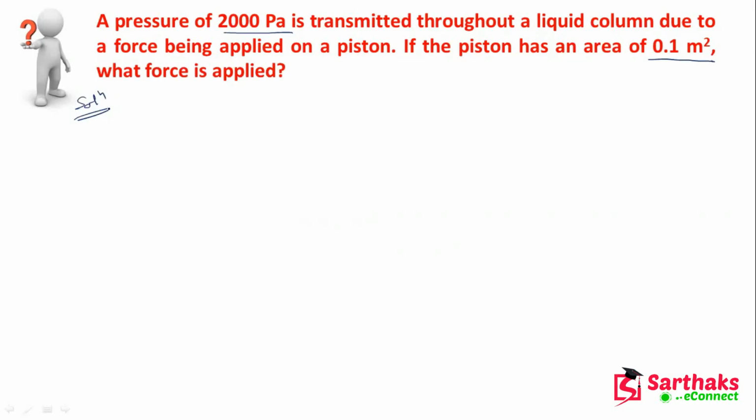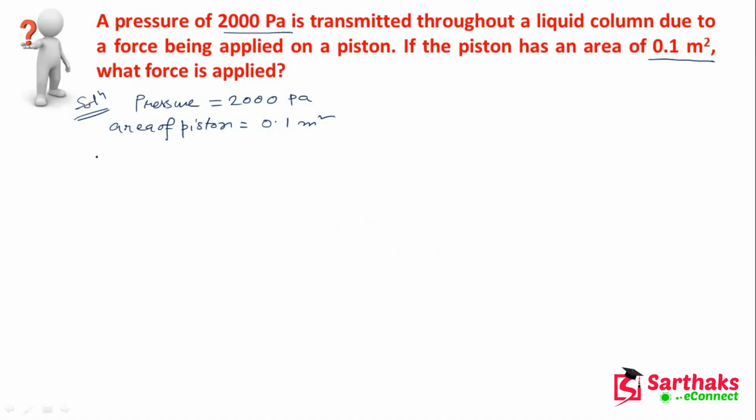Here, given data we are writing first: pressure 2000 Pascal and area of piston that is 0.1 meter square. Fine.